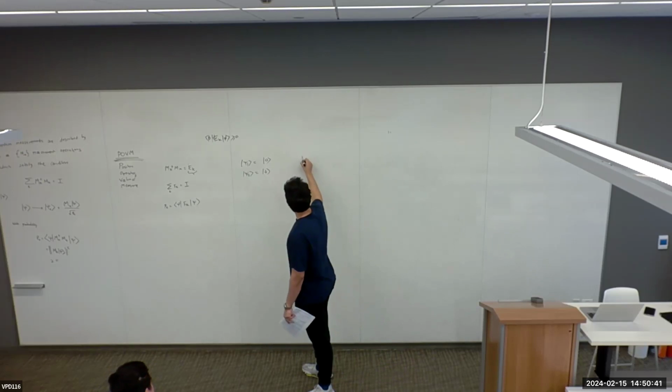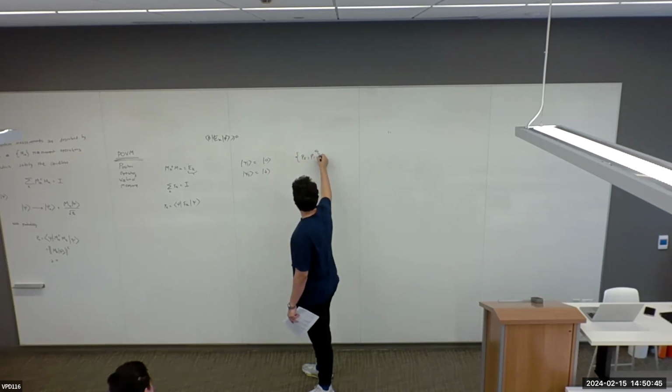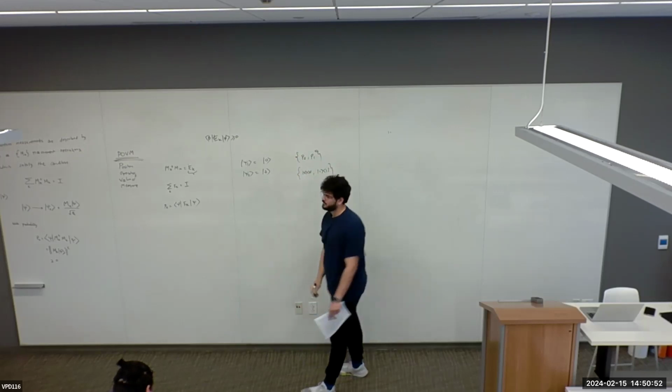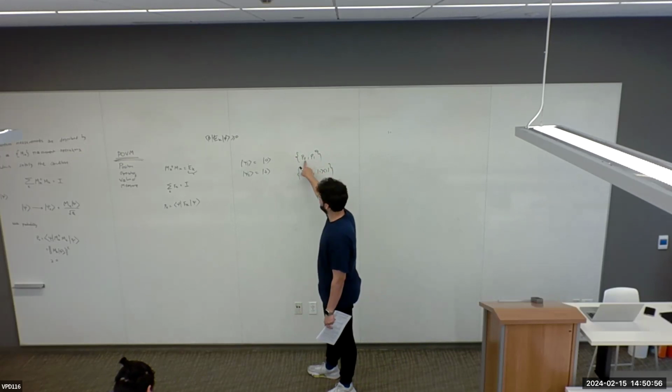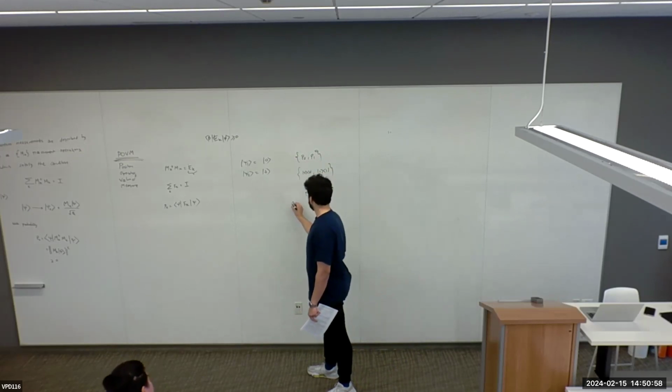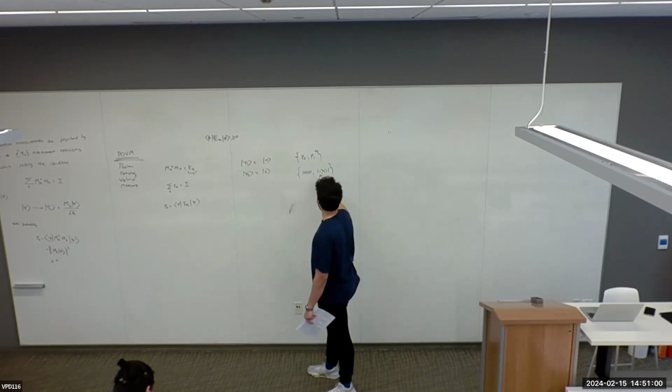So let's say we do the measurement corresponding to P0, P1, where these are the projectors |0><0| and |1><1|. Let's first discuss the outcome 1. If we get the outcome 1, we know that the state has to be psi2.